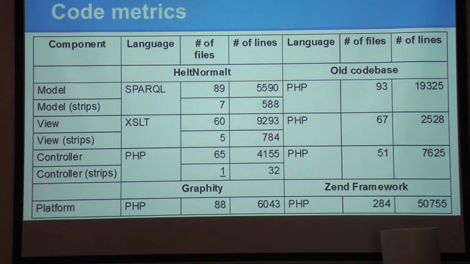So here I have some comparison from the Helt Normalt project where you can see on the left side statistics about the code, number of lines and files basically. The numbers on the left side are for the new version, and for the old PHP version, it's on the right.